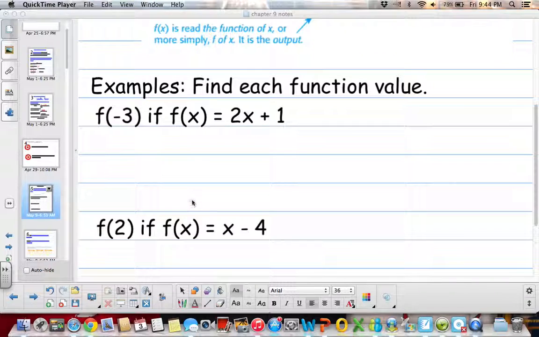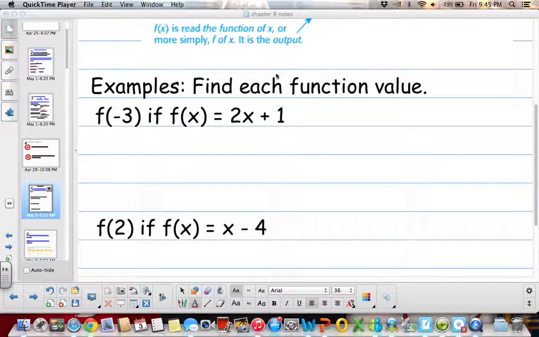So what does this mean? Here's a function, f of x equals 2x plus 1. Find f of negative 3 if f of x equals 2x plus 1. So negative 3 is our x. We are taking negative 3 and putting it in for our x in our function.